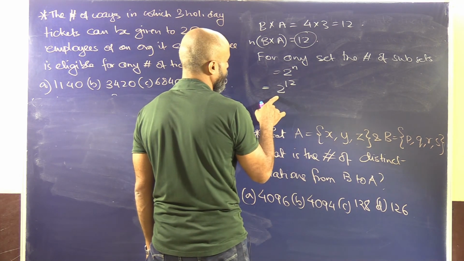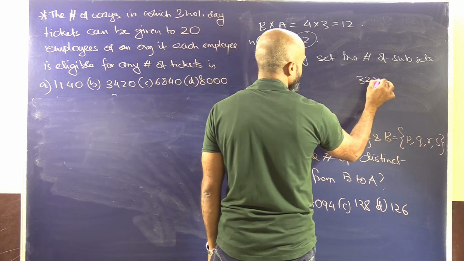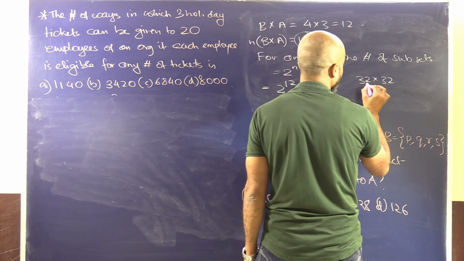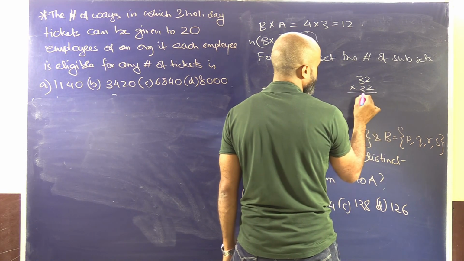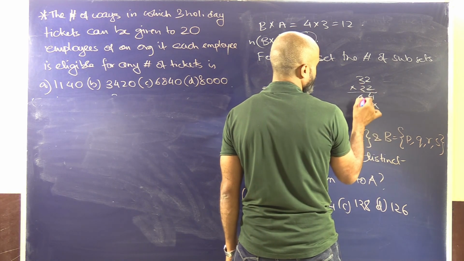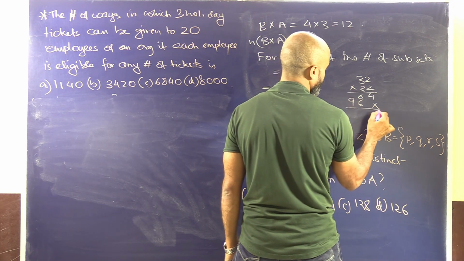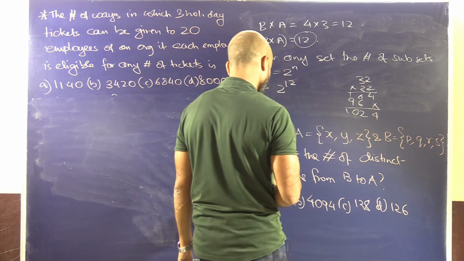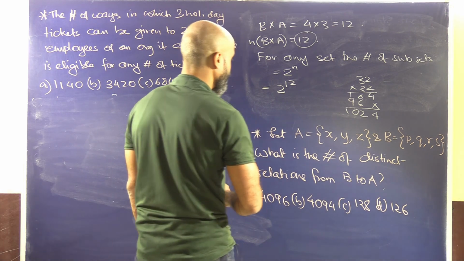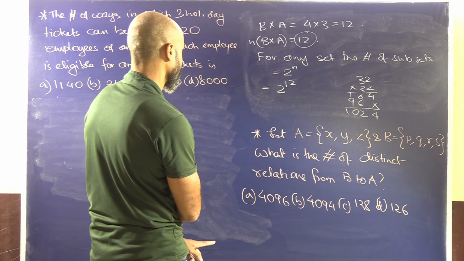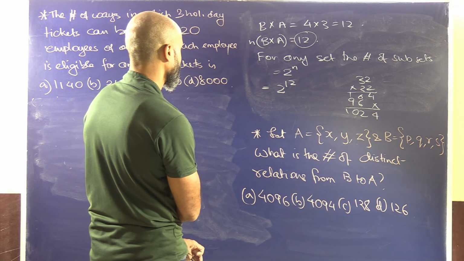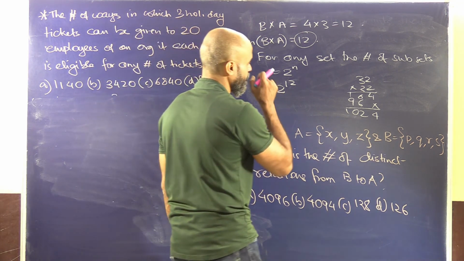Now we know 2 to the power of 6 is 32. So this will be 32 into 32. Let's quickly get this multiplied here. Why are we not getting an answer here? Okay, I am wrong here.